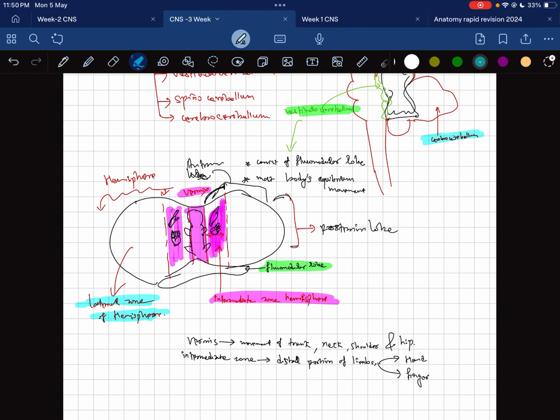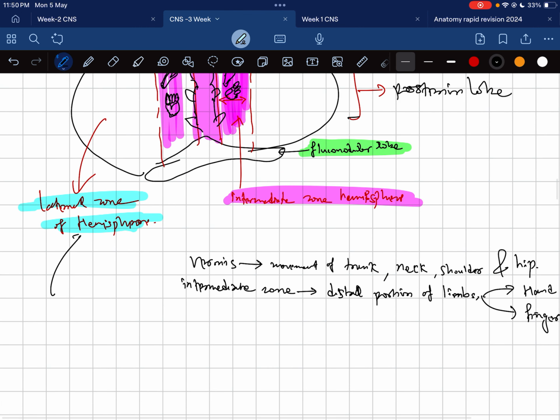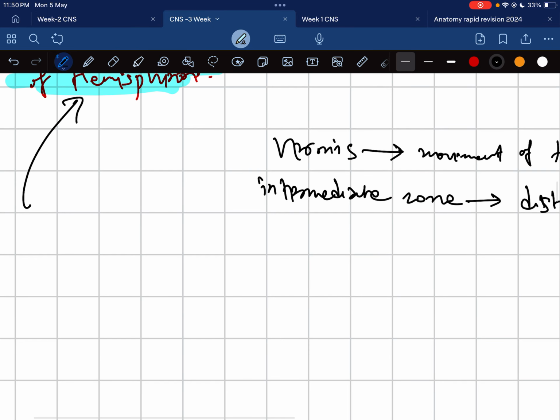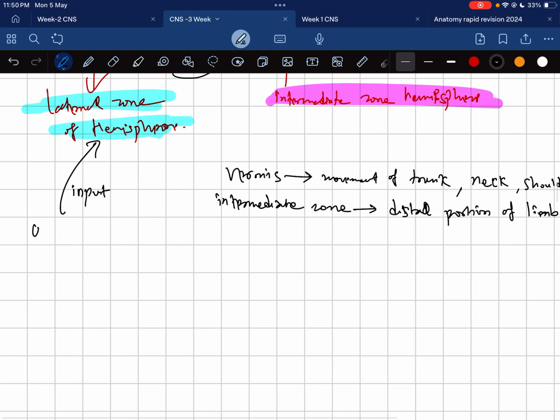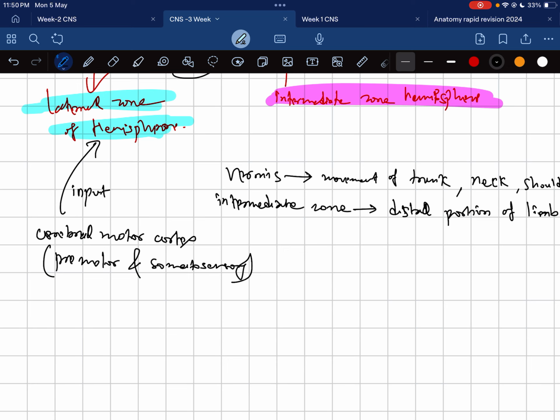It receives input from the cerebral motor cortex, and from the region of the premotor and somatosensory cortices.